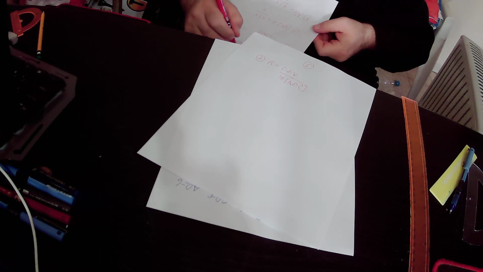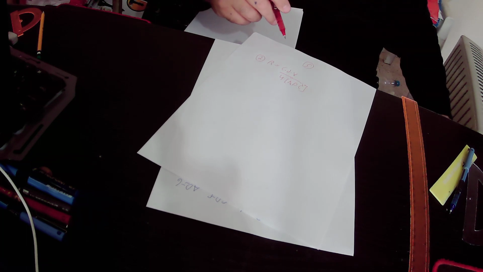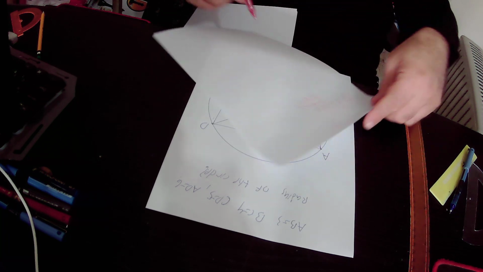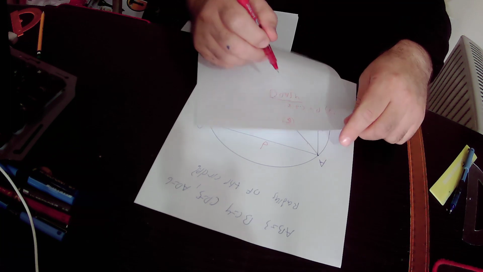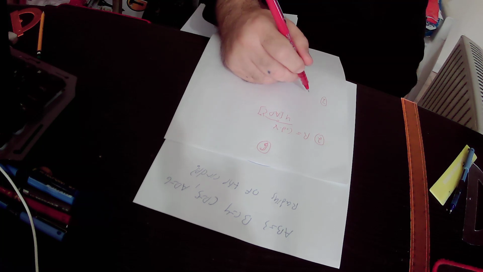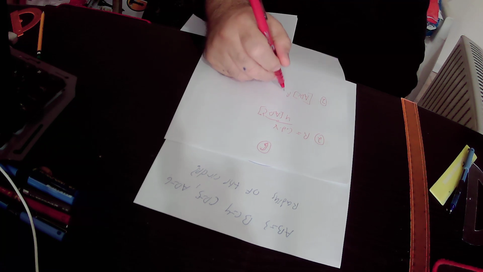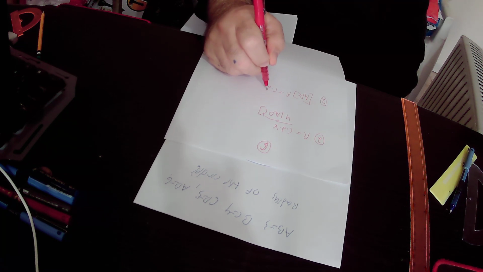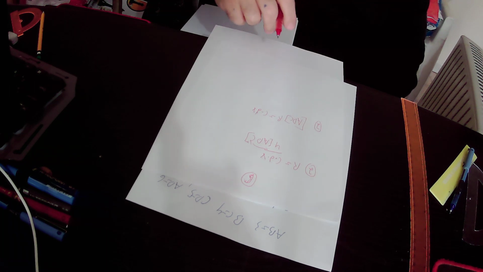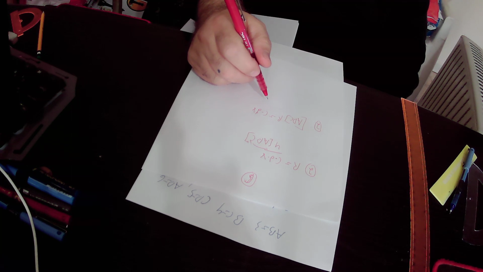We will multiply equation number 2 by the area of triangle ADC, and we will get that the area of triangle ADC times R equals C times D times X over 4.